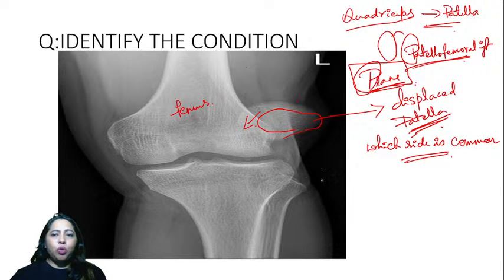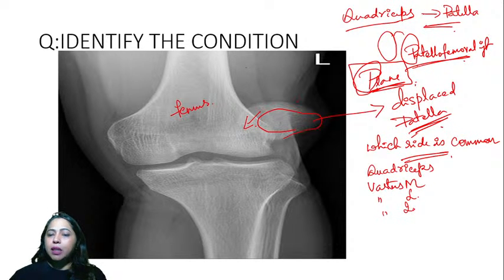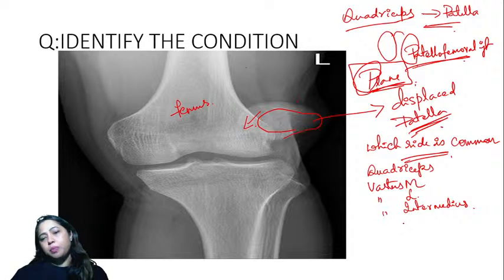And you must remember the quadriceps which are present. Quadriceps, if we have to list, we have vastus medialis, vastus lateralis, and we have intermedius. Okay, all these are the vastus muscles.